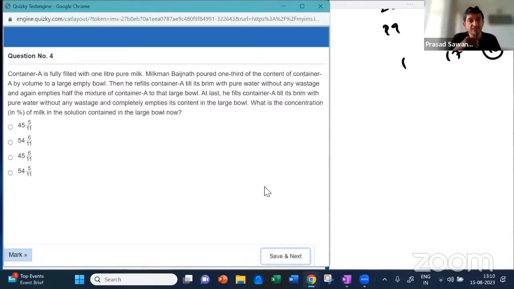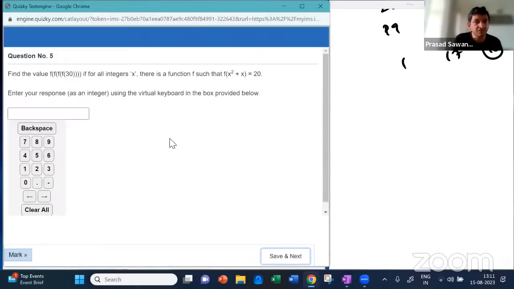And completely empties its content. Achha, half taken out. Okay, understood. Fair enough. We can maybe have a look at it later, but understood the question.